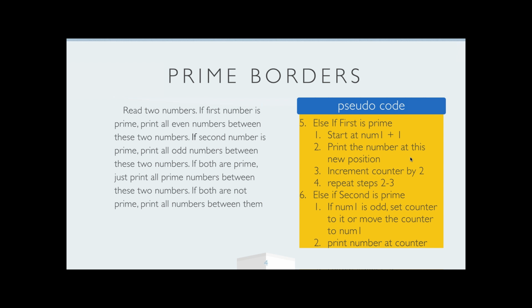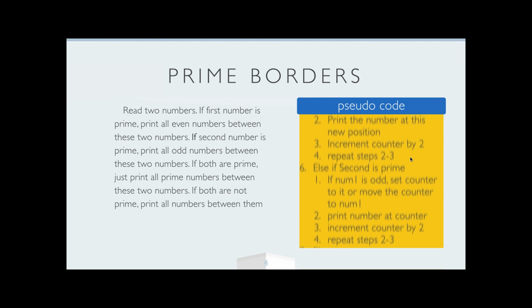In another condition, else if first is prime, you start at number one plus one, because you have to print all even numbers. Because the first is prime, that is already an odd number, so you start at a number after that prime number, because immediately after an odd number an even number comes. From there, print the number at that position, increment the counter by 2 and repeat steps 2 and 3. So say 5 and 18 are given.